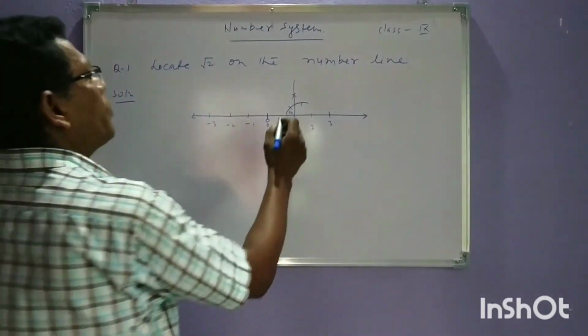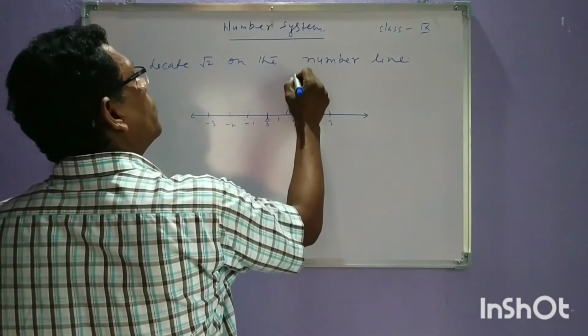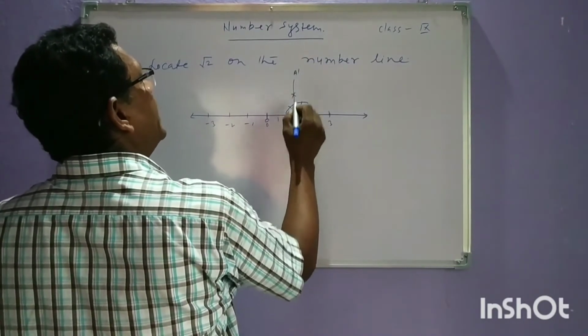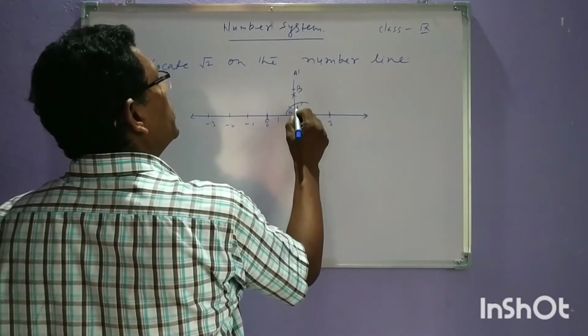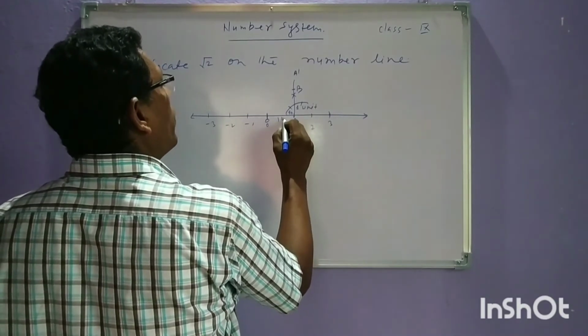Now, from A, we cut unit length on AA dash, that is A to B, suppose 1 unit. This is also 1 unit.